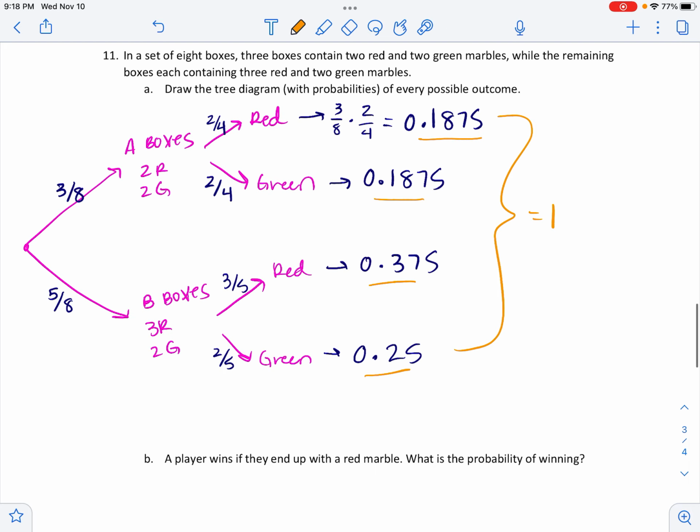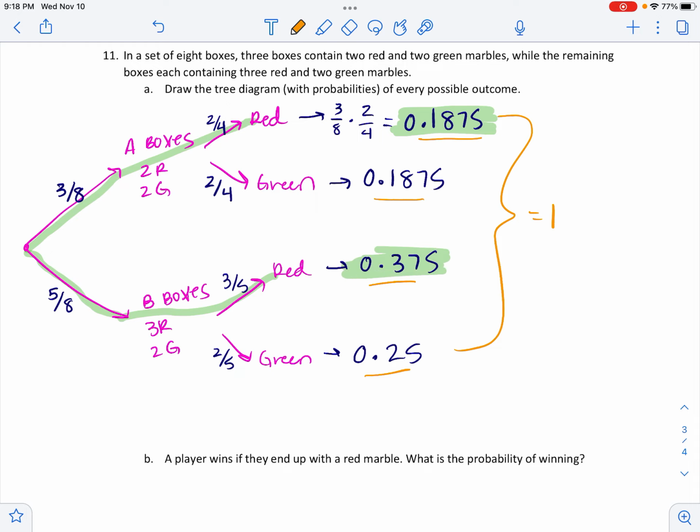Now, B says a player wins if they end up with a red marble. What is the probability of winning? Well, there's the possibility that you get a red marble along this branch. So the probability of getting a red marble is right here. Or you could get a B box and get a red marble, and that probability is right here.